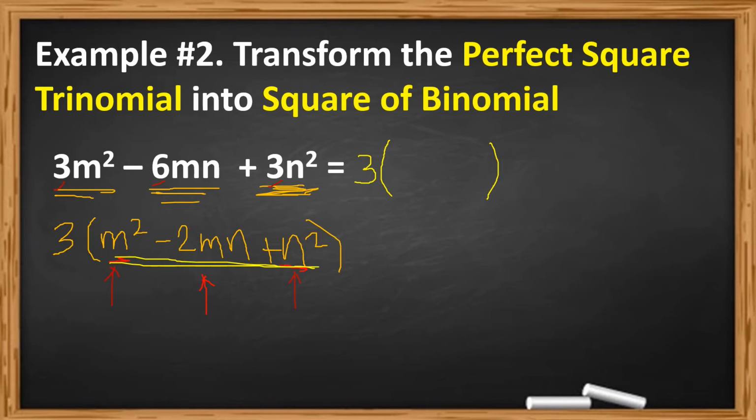So the square root of m squared is m, the square root of n squared is n, and the operation at the second term is negative, so the operation of the binomial is also negative. And of course, the exponent here is 2. So that is the equivalent square of a binomial.